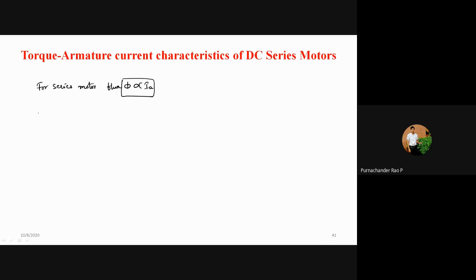The torque developed in a machine is proportional to phi into Ia, and therefore for a series motor, your flux is proportional to Ia, and therefore torque is proportional to Ia square. So this is the square of the current.